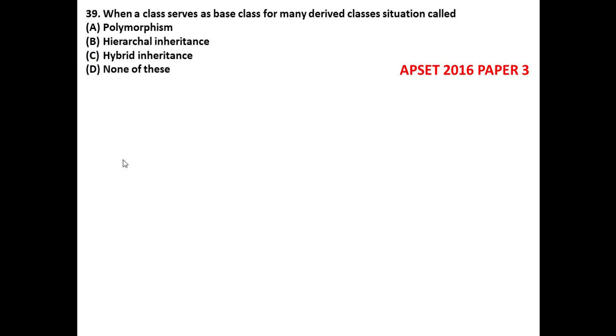And see the next question, question number 39. When a class serves as a base class for many derived classes, this situation is called hierarchical inheritance. And see the next question, question number 40. Which of the following algorithms solves the all pair shortest path problem?